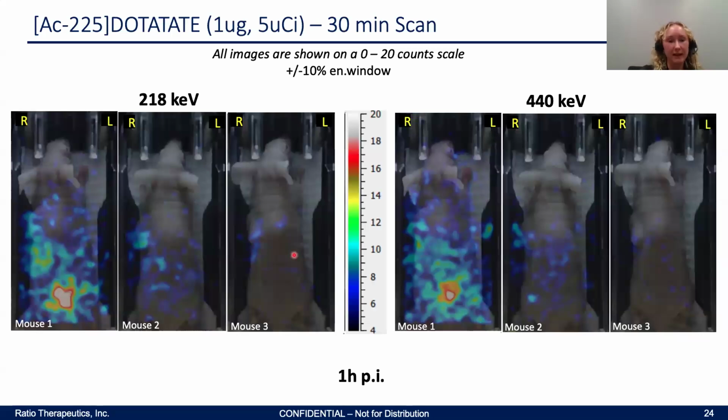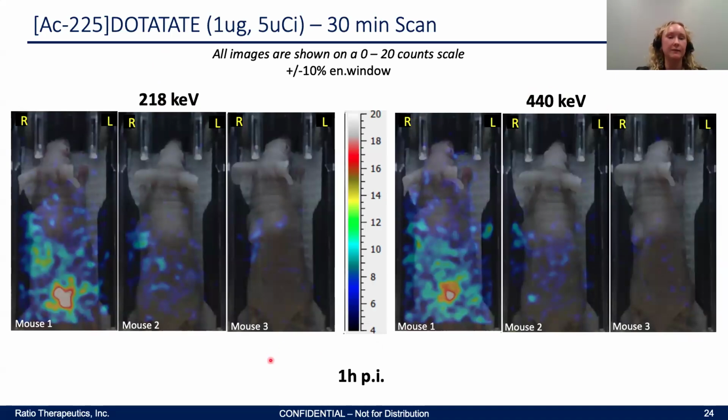Those 82 keV images looked the best, which is what we expected, but based on the system characterization, we still wanted to look at the 218 and 440 images, obviously. Here is 1 hour post-administration for both 218 on the left and 440 on the right.